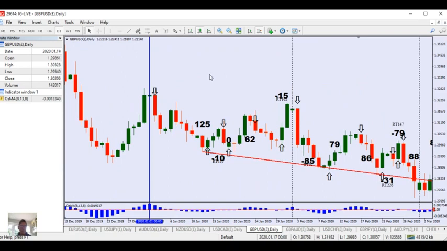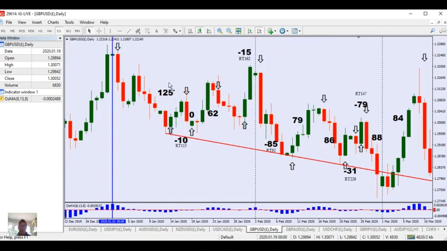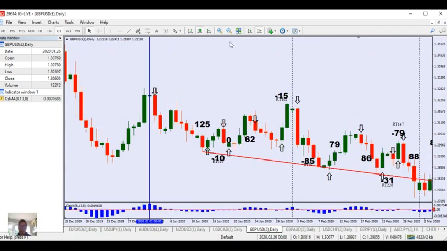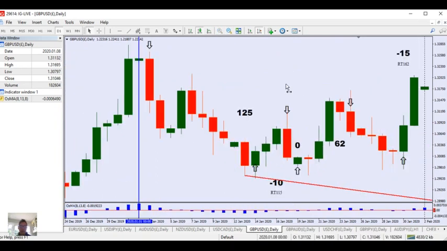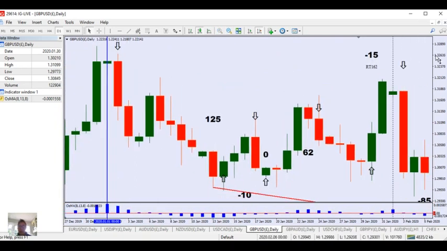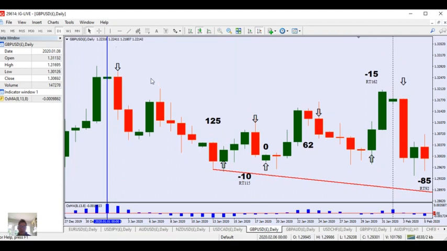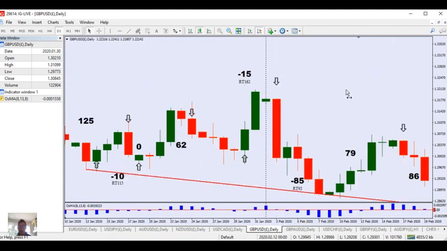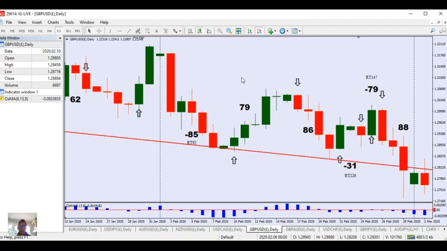This is GBP/USD. I've actually tried to write in here the running totals. So we got 125 and then we got a minus 10. We got a 62 and then a minus 15. So at no point did we go into negative drawdown.